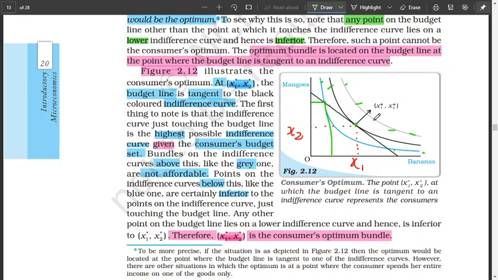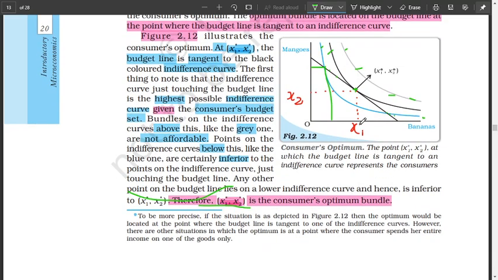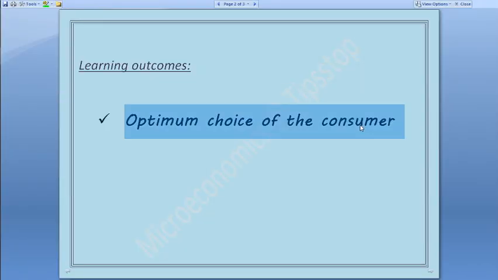Bundles on the gray curve, like I've said, are not affordable. Bundles below, on this yellow indifference curve, are inferior. They don't give him as much satisfaction as this black one. Any other point on the budget line lies on a lower indifference curve and hence is inferior. Therefore, the final position is the consumer's optimum bundle that will give him the highest possible satisfaction.